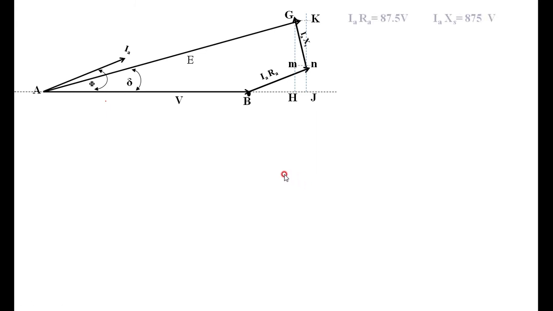Then I know the values of IRA, IXS and phi as well as E. These are known quantities, because I know IA and RA, finding IRA, and XS is known, finding IXS. Phi is also known, and E is 2582.5 volts, which we are keeping constant.